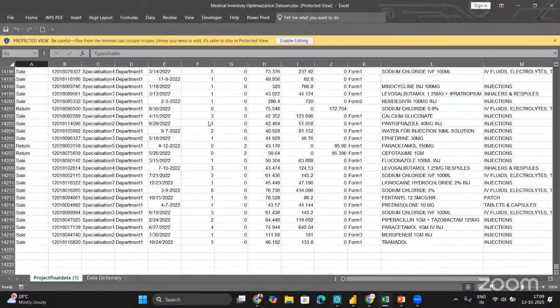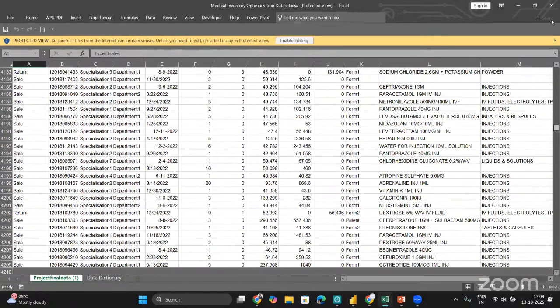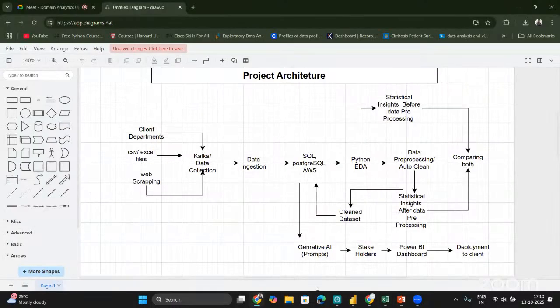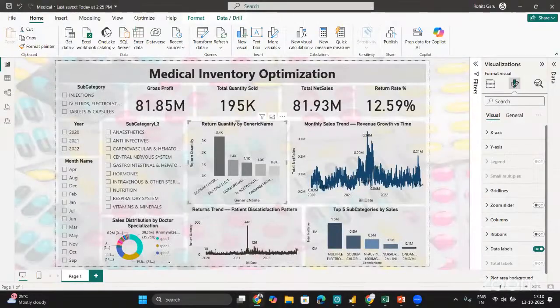In our data set, 14,219 rows and 14 columns are there. Now we have to build a dashboard. This is our dashboard, medical inventory optimization.